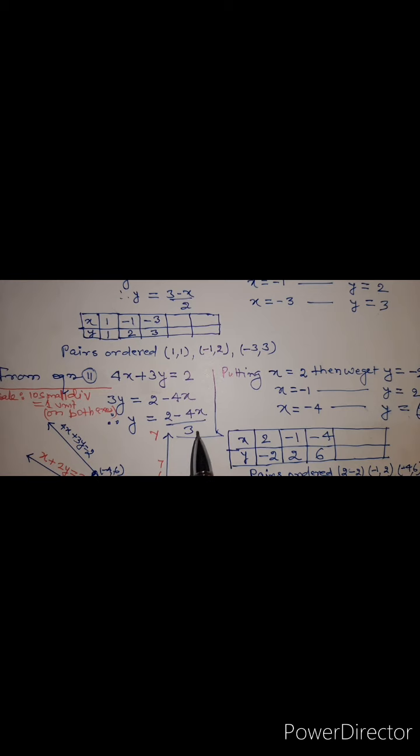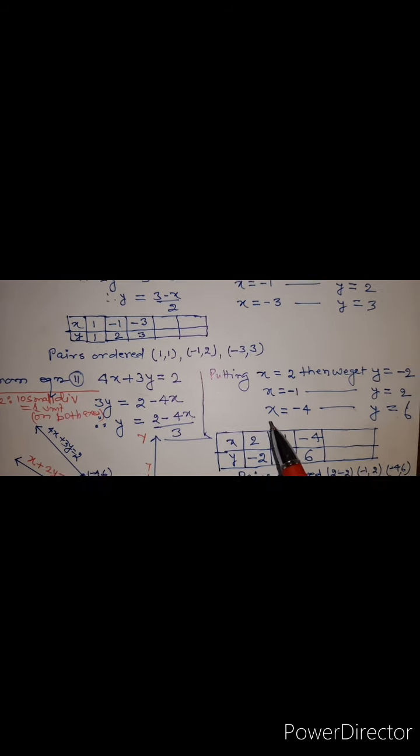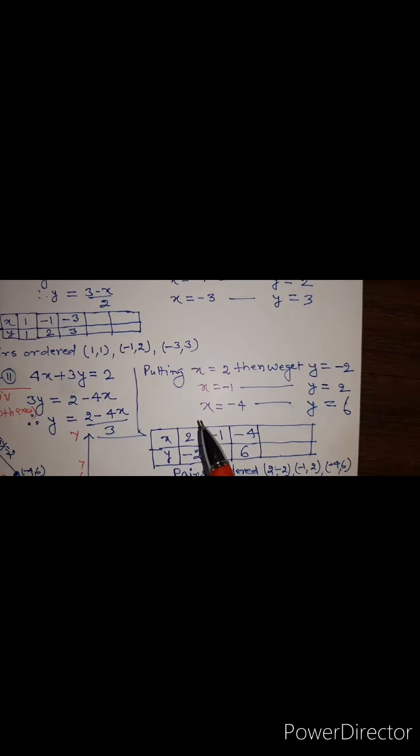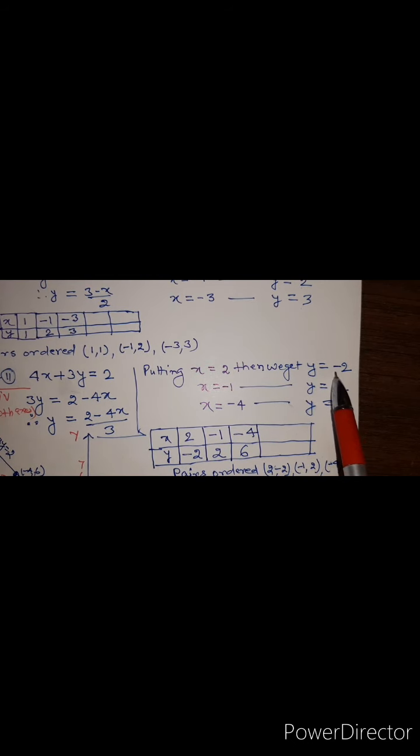Now after putting the value in place of x, look at here, we get as a value of y. If x equal to 2, then we get y equal to -2. Here 4 into 2 is 8, 8 minus 2 equal to 6 by 3 equal to -2.